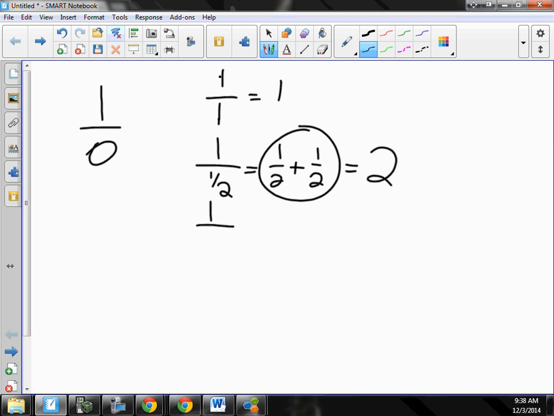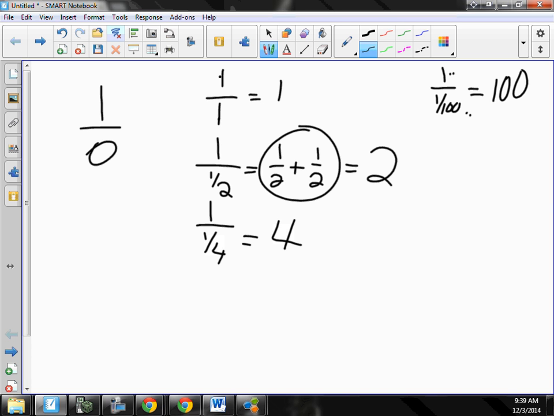So 1 over 1/4 would be 4, because it's 1/4 plus 1/4 plus 1/4 plus 1/4. Okay? What about 1 over 1/100? 100. What that means is there are 100 1/100ths in 1. Does that make sense? That's all division is asking. How many of these are there in there?